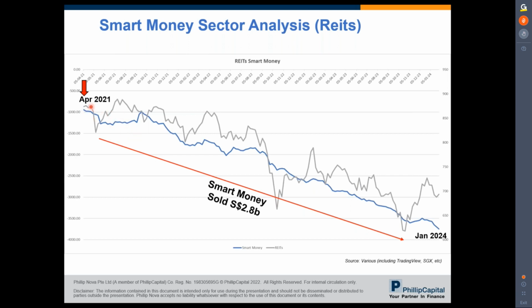Since April 2021 until recently, smart money has sold about 2.8 billion worth of these REIT stocks. That's the reason why REITs are struggling to do well, because the smart money are selling.